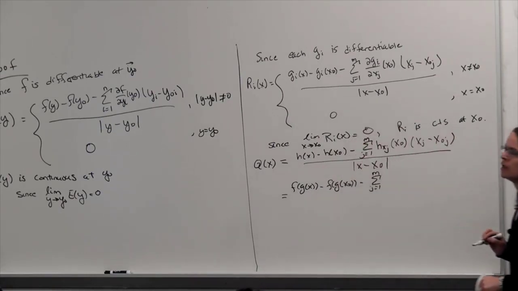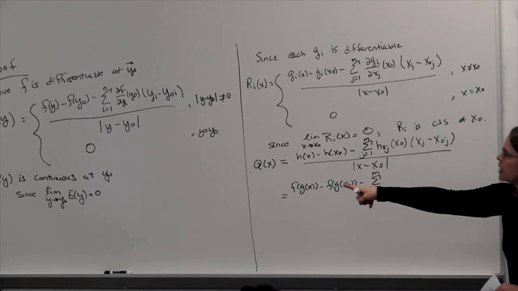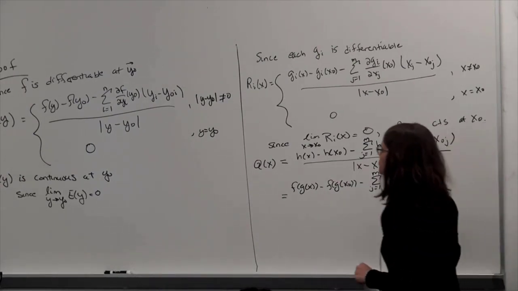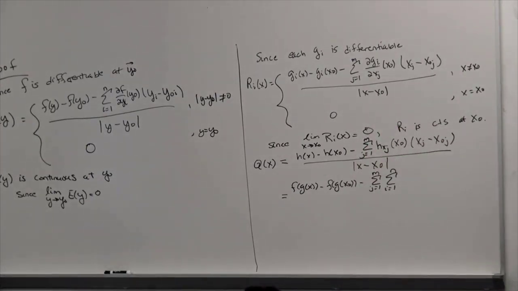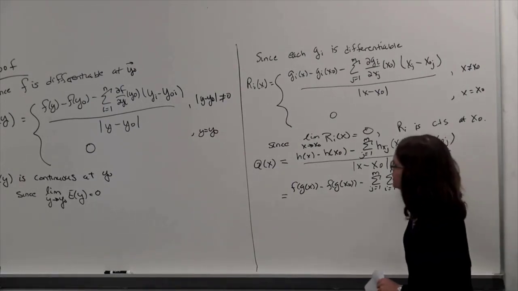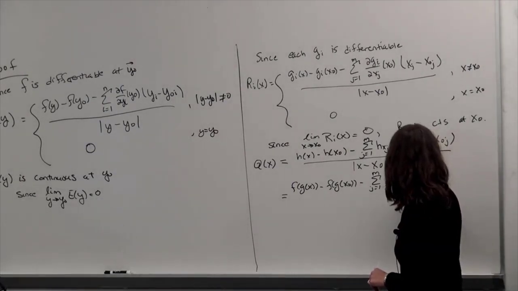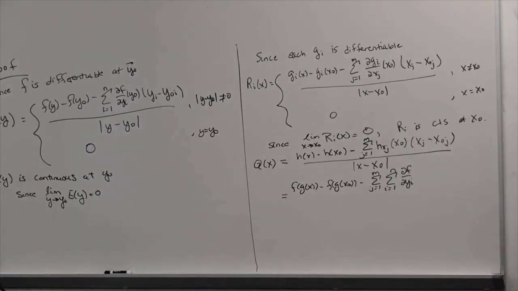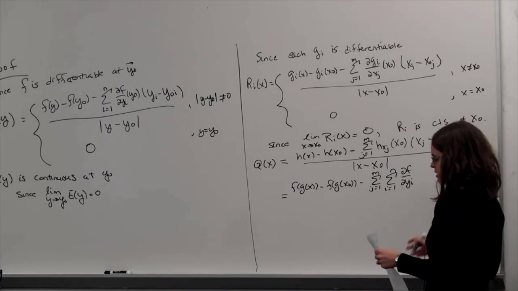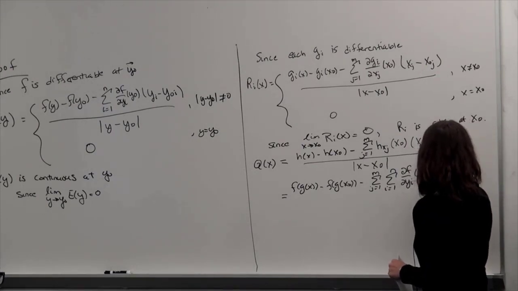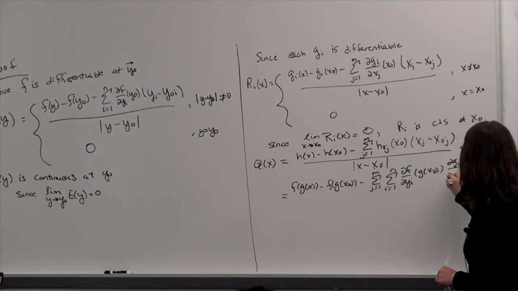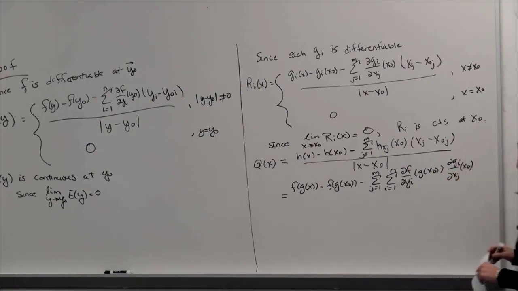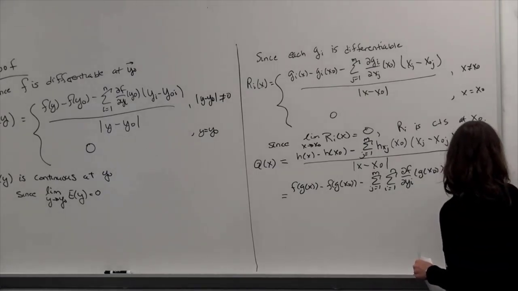The h derivative with respect to xj, we're going to have another sum pop up here, so i equals 1 to n, of df by dyi evaluated at y naught, which is also g of x naught, times dgi by dxj at x naught, times xj minus x naught j.